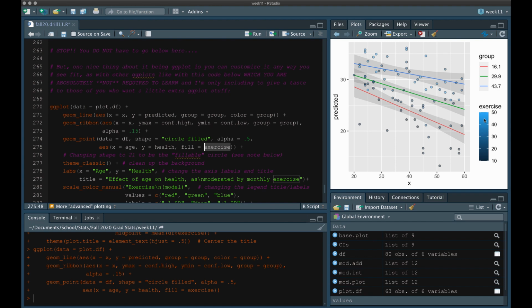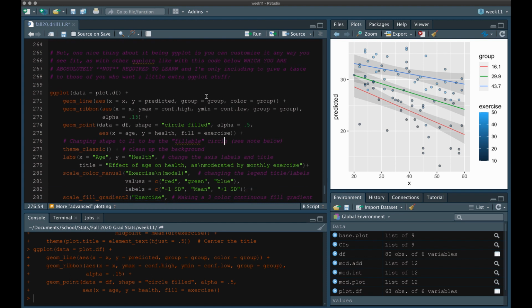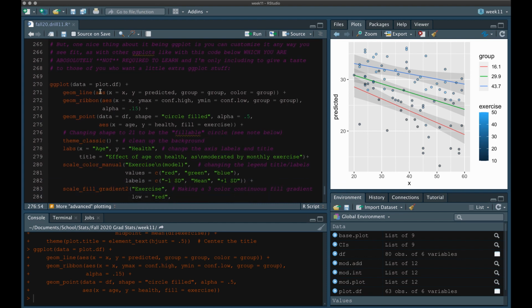and then filled those circles based on exercise. The reason I did this is because for my line, I used the color argument because I wanted to color these 3 lines. If I used color to color this factor of group, and then also tried to use color as this continuous exercise variable, when I tried to specify what colors, there would be a conflict.